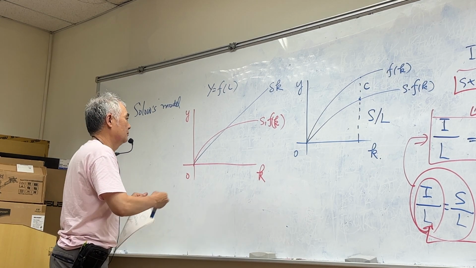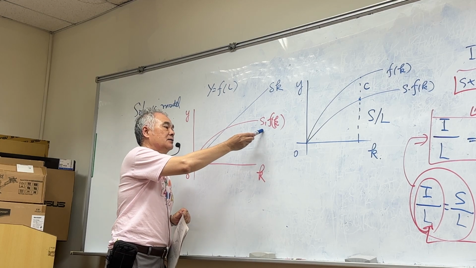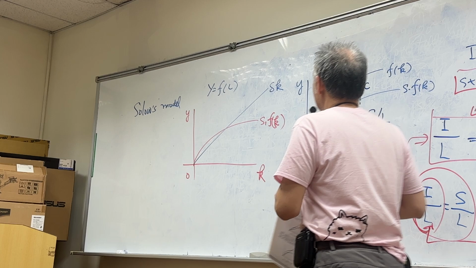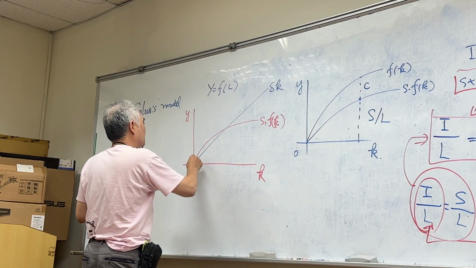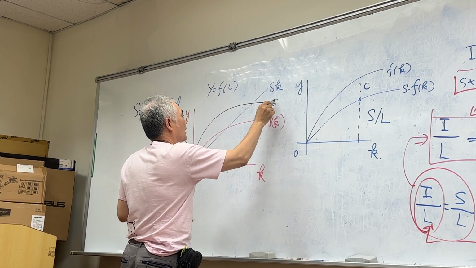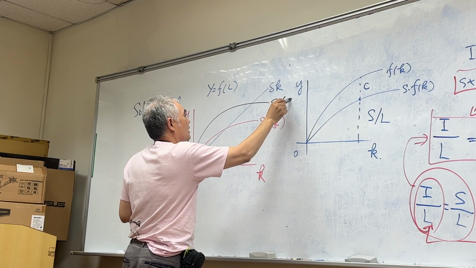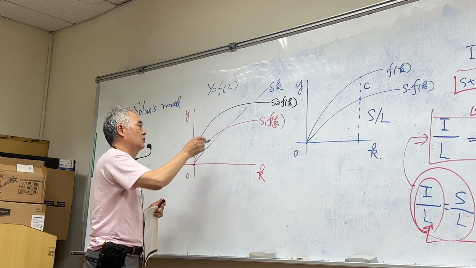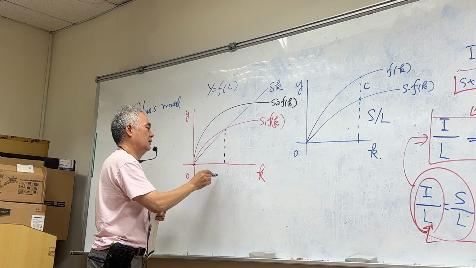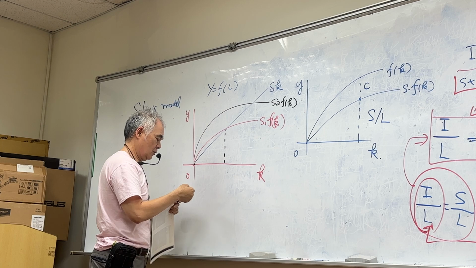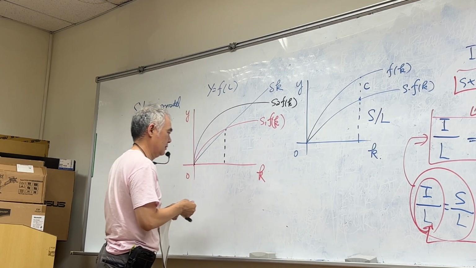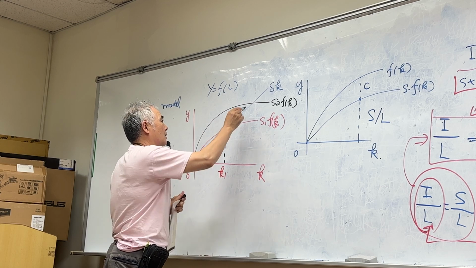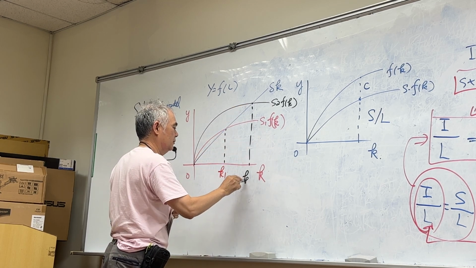So, a higher saving rate, let us say it is something like this, S2 times F(k). So as a matter of fact, what you get? This is, let us say, K1, and this one, K2.